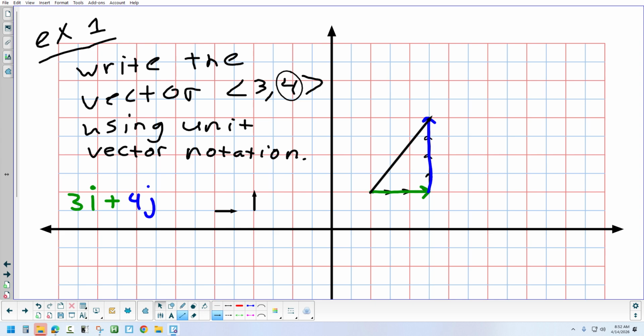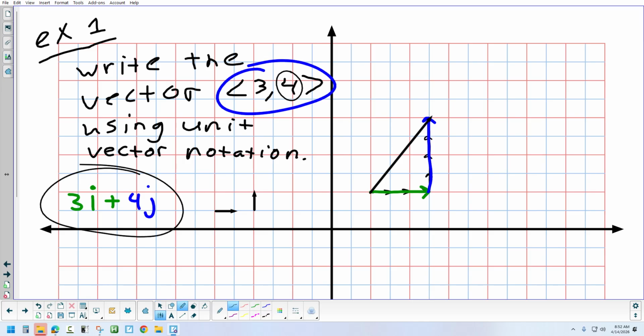And that vector in black is the vector 3, 4, because it goes right 3 and up 4. So yesterday we wrote it like that. Today, we're writing it like that. So that is the vector 3i plus 4j. And this is called unit vector notation.